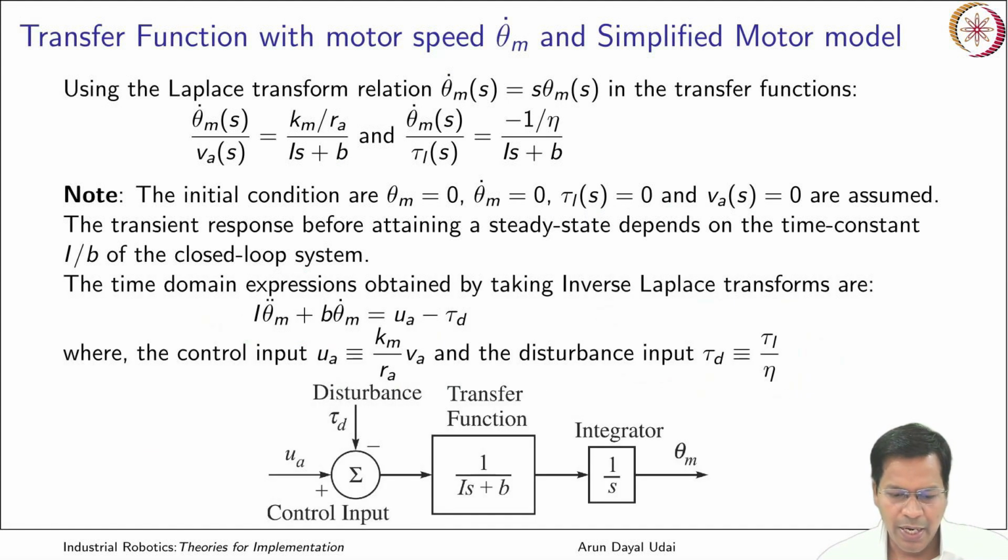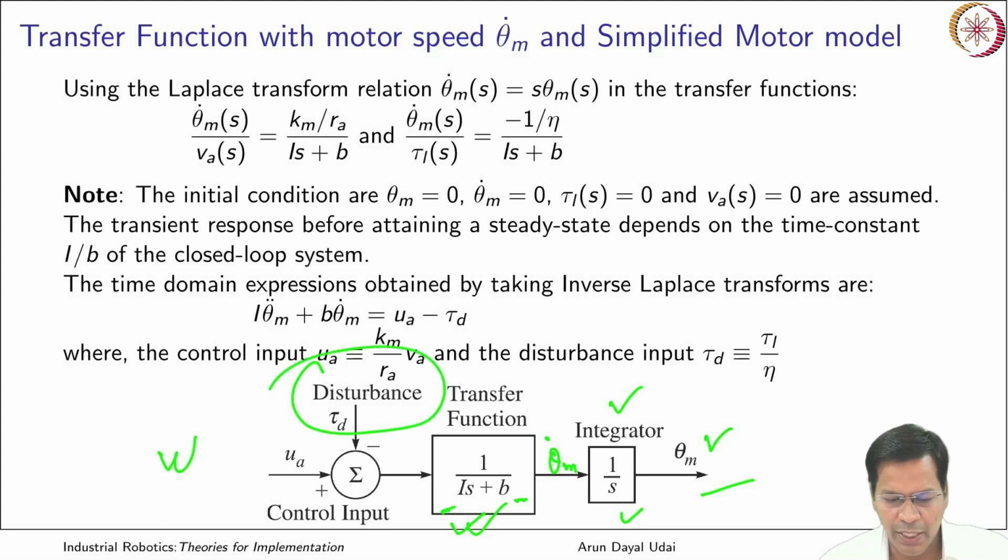Now you can write your system in a very simple form like this. Here you were getting theta m dot. If I integrate it, that is 1 by s as the Laplace integrator, it should give me the angle. So this gives me my angle. This is my transfer function of the system. Inertia and damping are present here.